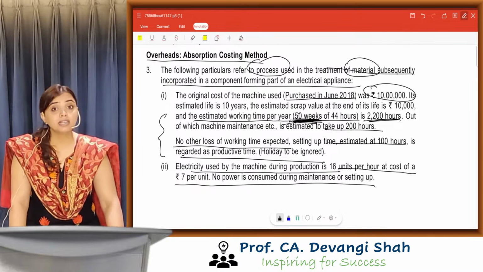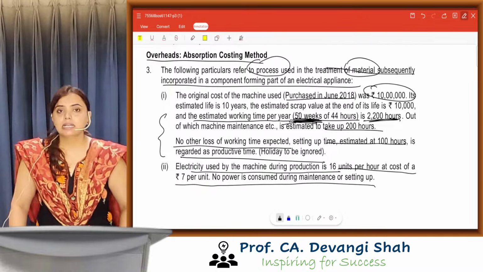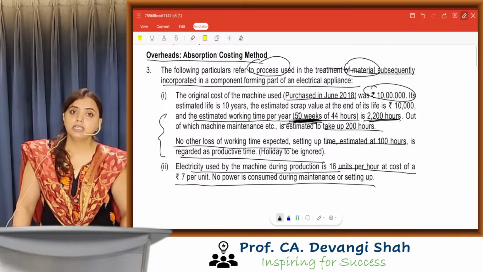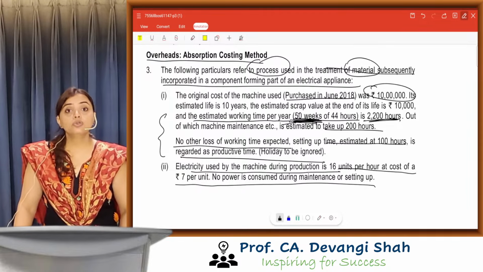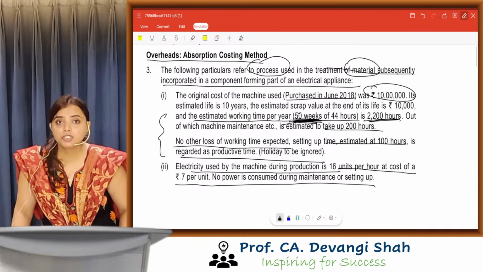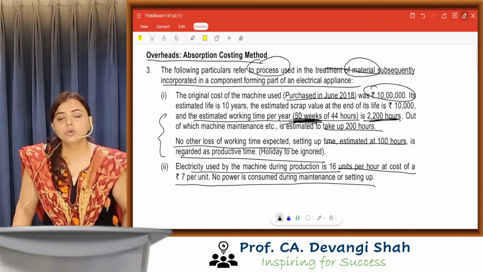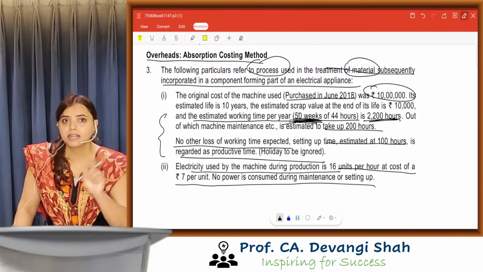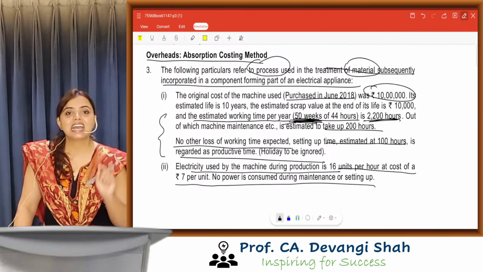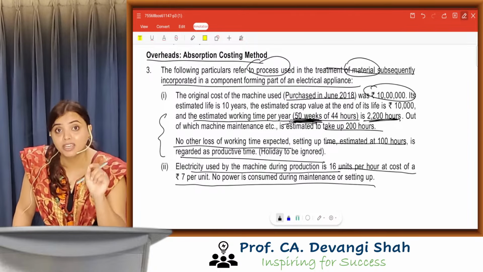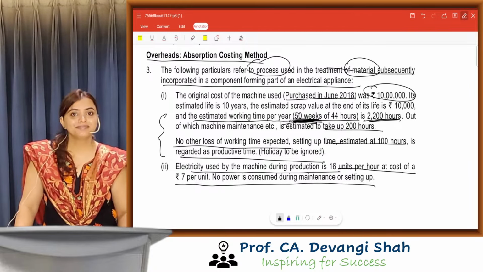Setup is a productive activity. Setup is a productive activity that is needed to start the machine, to make the machine ready for use. So setup time, even though it does not do any production, is called productive. And those hours are to be included in machine hours. Okay?